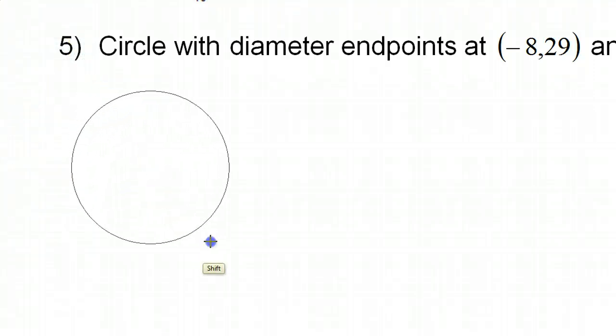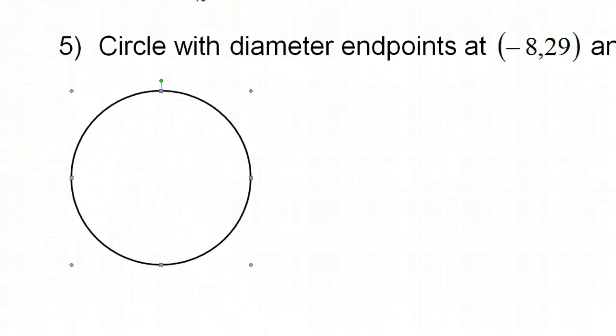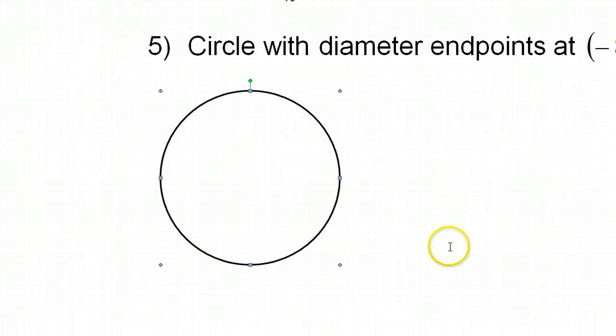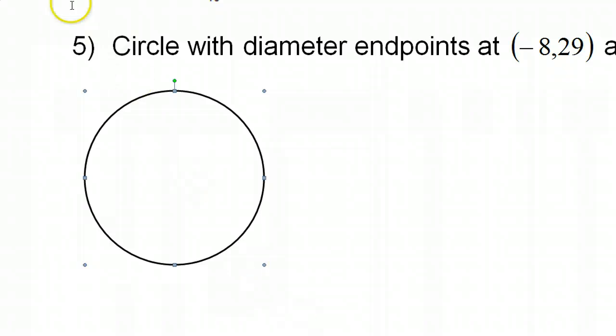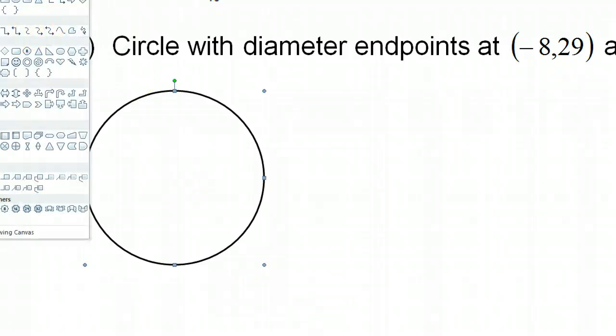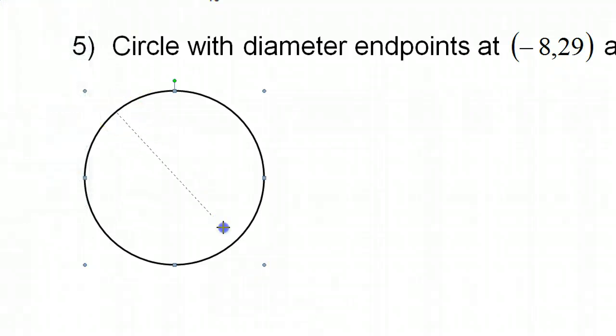So let's get our circle going. Okay, so let's do our diameter like this, maybe. Okay, so there should be a center in here somewhere. Okay, let's say that's my center.